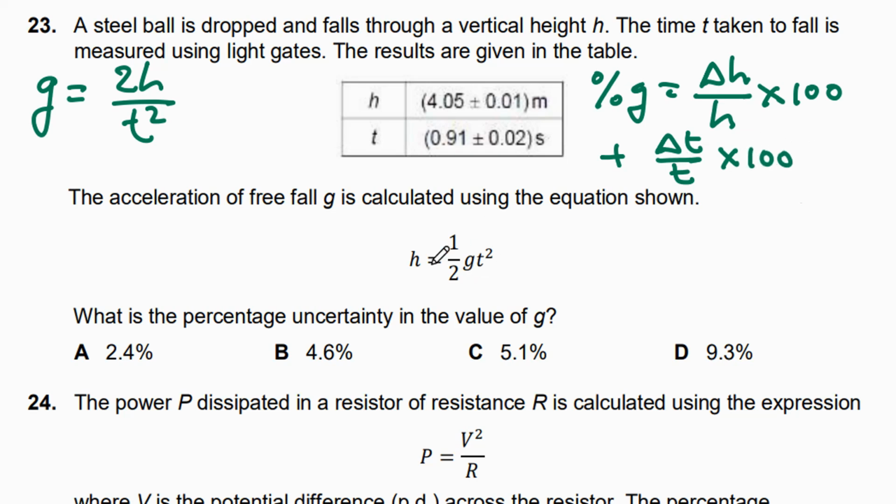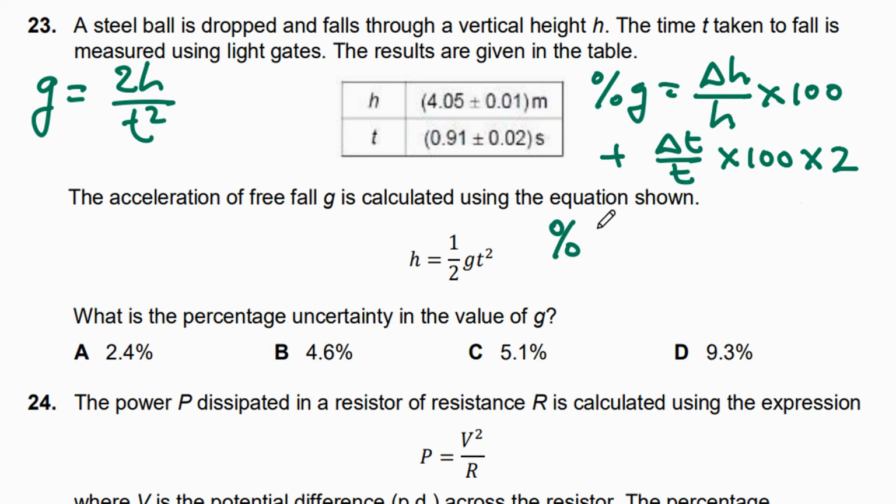Now, something important to note is that the T is squared, and the rule says that when we square quantities, we multiply their percentage uncertainties by 2. So we have to do this calculation.